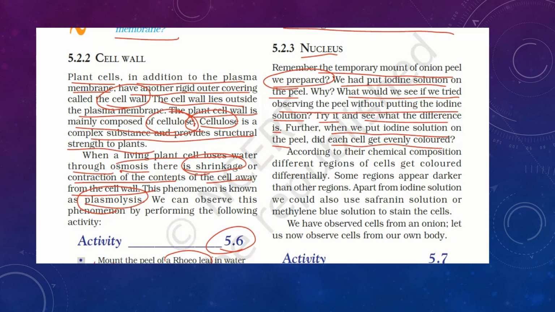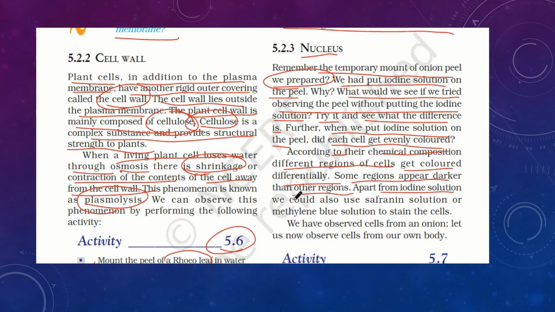No. According to their chemical composition, different regions of the cell get colored differentially, so some regions appear darker while other regions appear less dark.